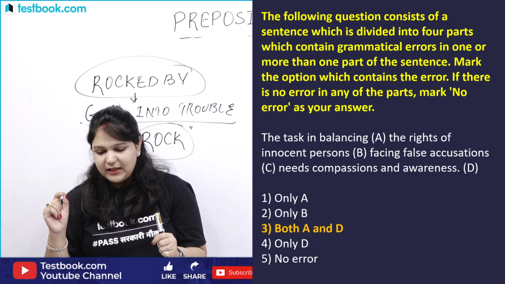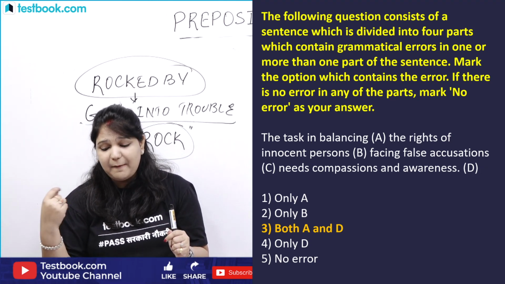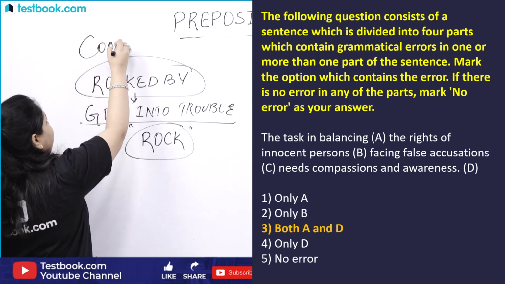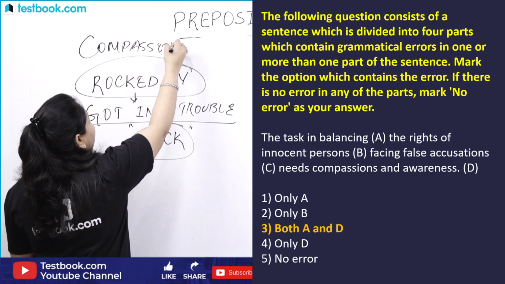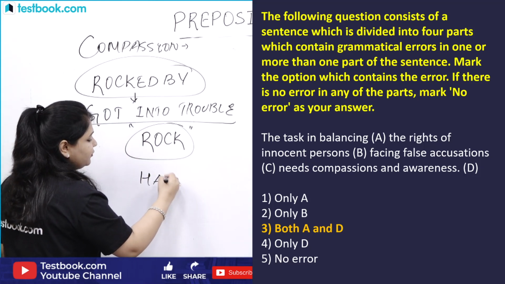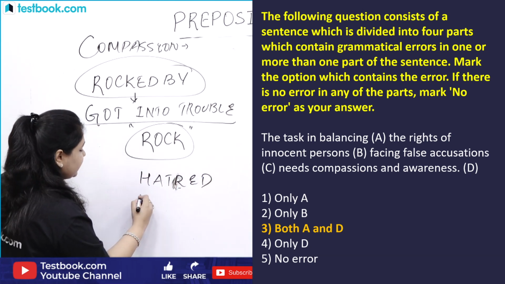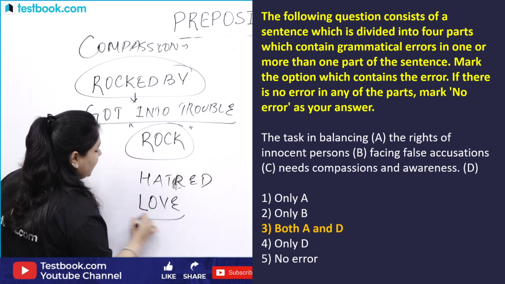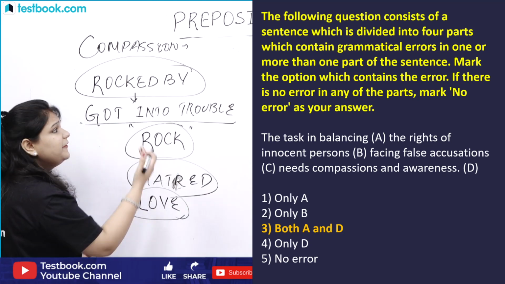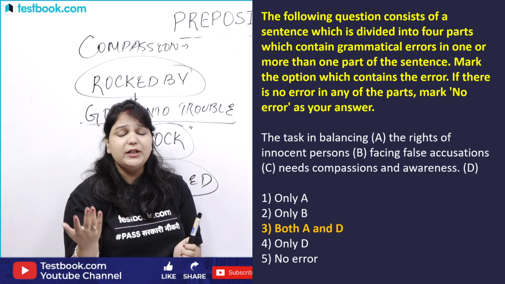And very well answered, all of you have given for option D: needs compassion and awareness. It's very good that it should only be compassion. Compassion is an abstract feeling, right? We never use hates when you are using it as a noun, or hatred, or if you are using love as an abstract noun, you're always going to use it without s, because feelings or abstract ideas cannot be expressed in a singular or a plural way, right?